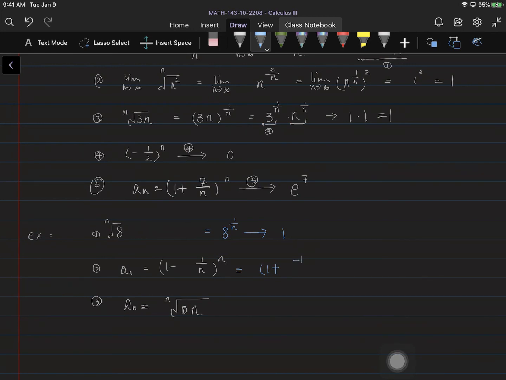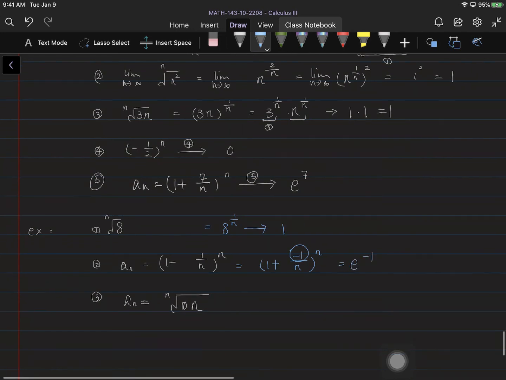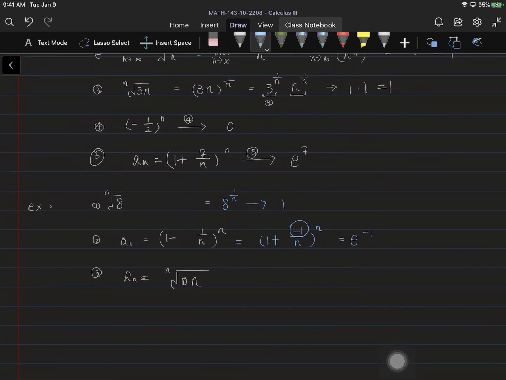So can we change this into negative 1 over n? And what is our x then? Negative 1. The final answer is e to the negative 1, right? And the last one, 10n to the 1 over n, distribute the 1 over n: 10 to the 1 over n, n to the 1 over n. So the final answer is 1 times 1, which is 1. Did you get those 3 correctly?